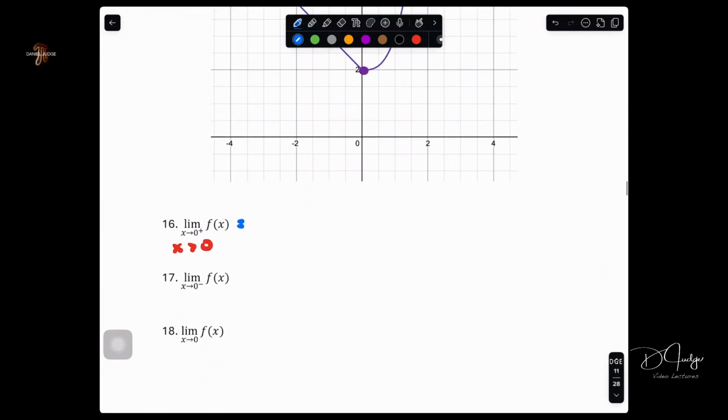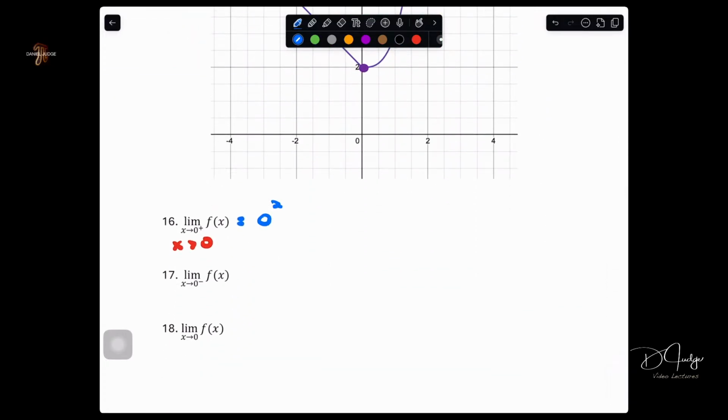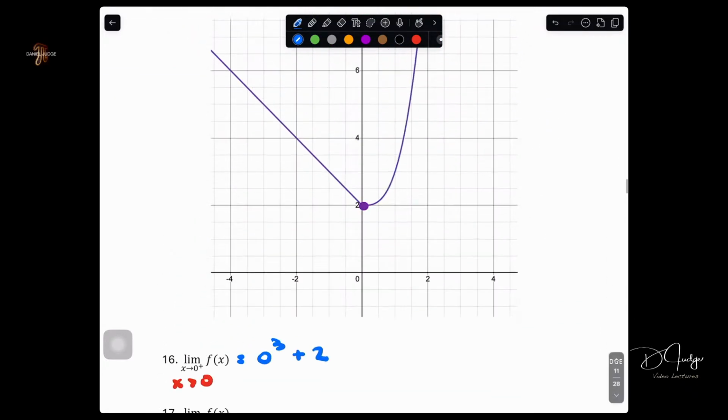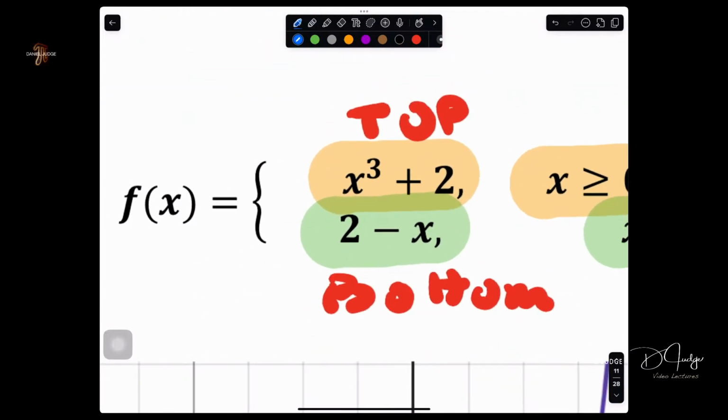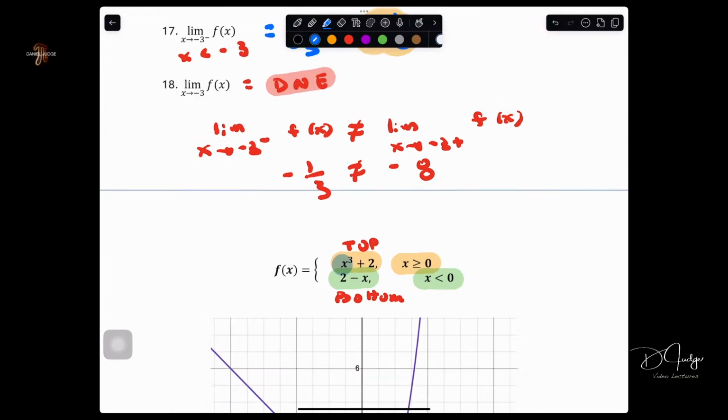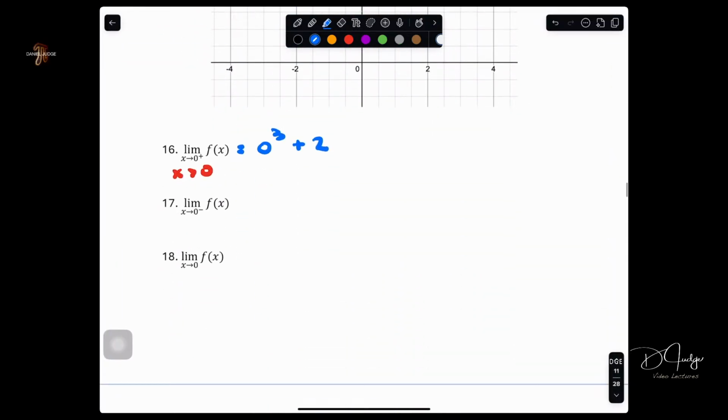So this would be 0 cubed plus 2. We just plug in that value for x into that function and do our arithmetic. And that's going to become 0 cubed, which is 0, plus 2. And then that limit will be simply the value 2.